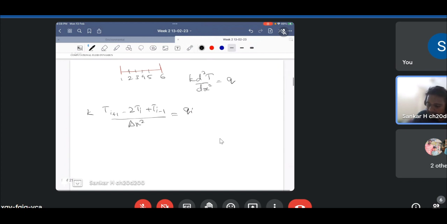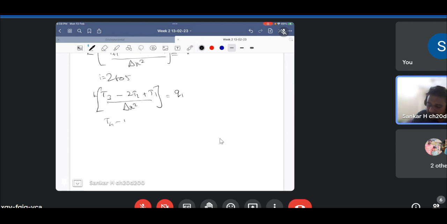When we apply this equation at each i equal to 2 to 5, we'll get k into T3 minus 2 T2 plus T1 by delta x square is equal to Q1 (for i = 2). Similarly, k into T4 minus 2 T3 plus T2 by delta x square should be equal to Q2.